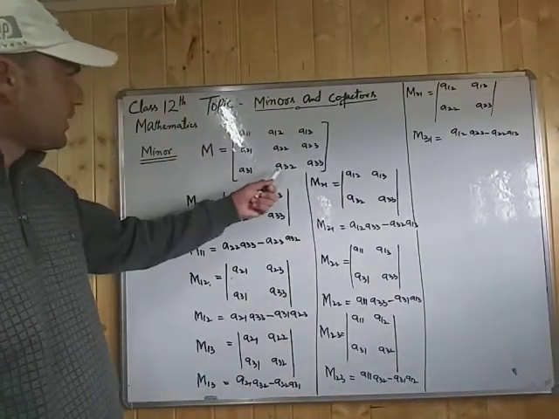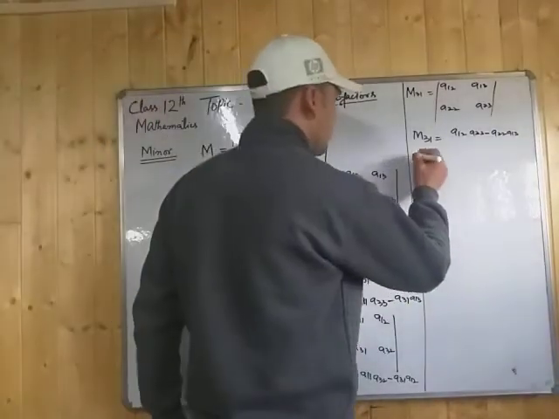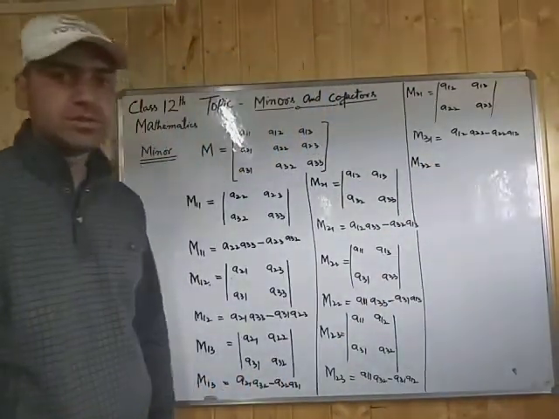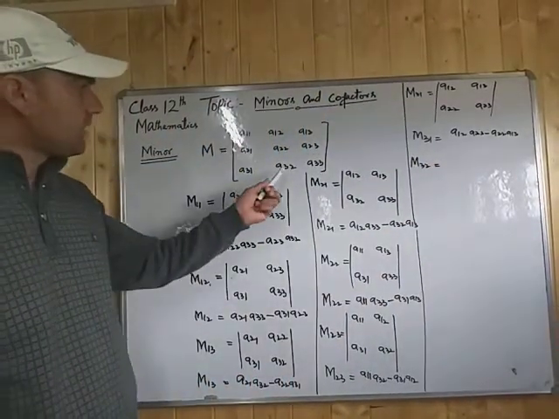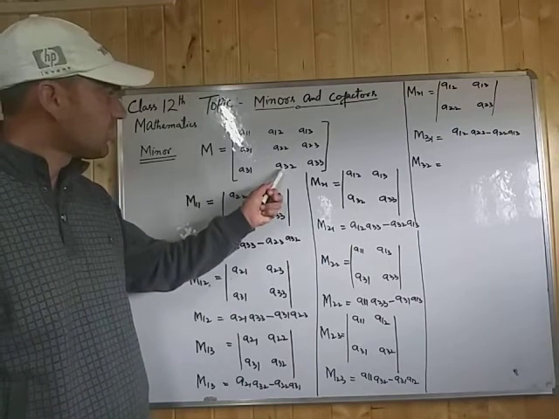तो next will be this M32. Similarly, M32 is the element of third row but second column.